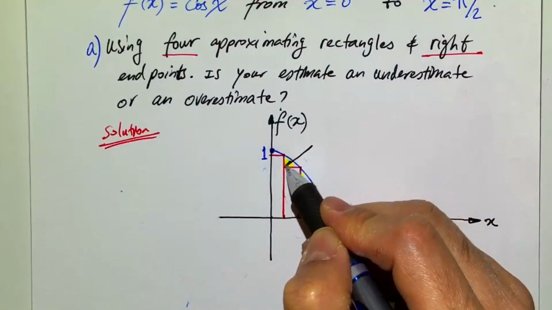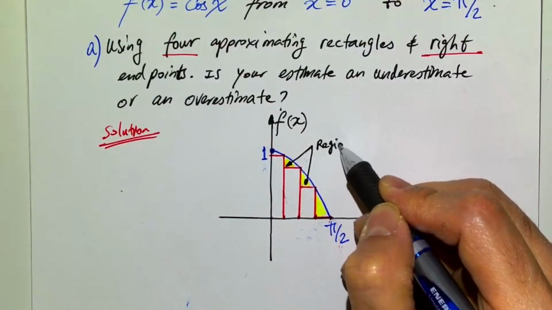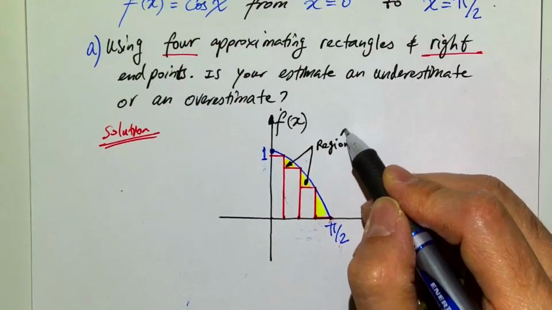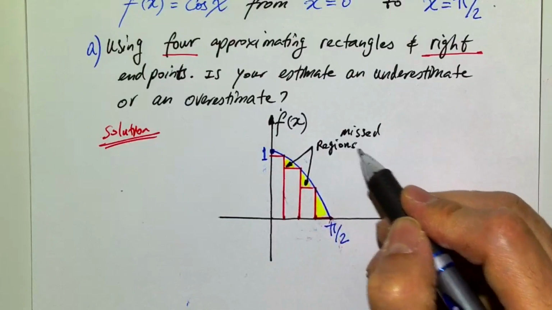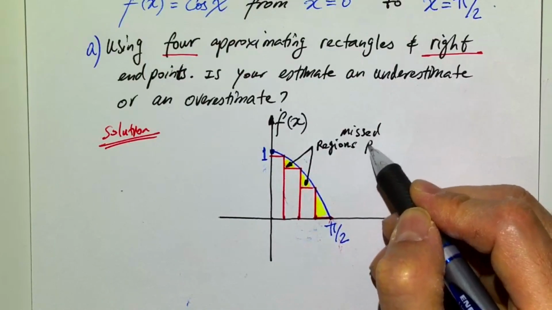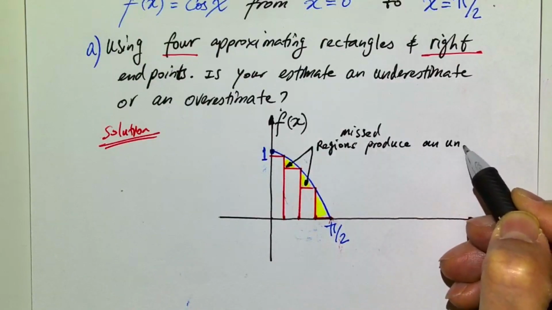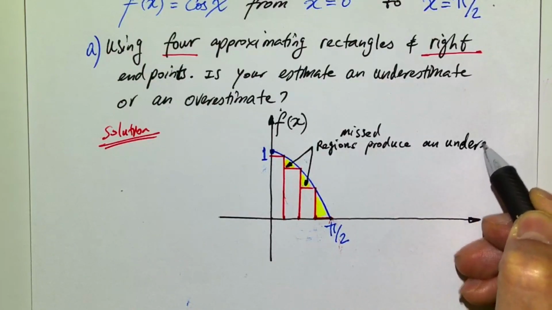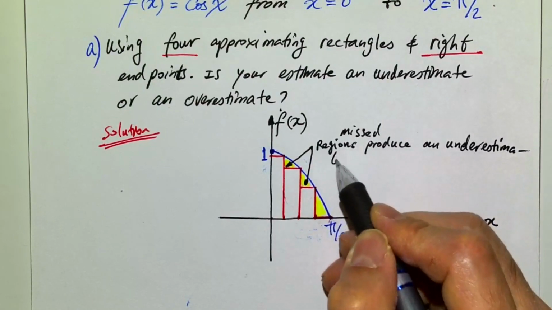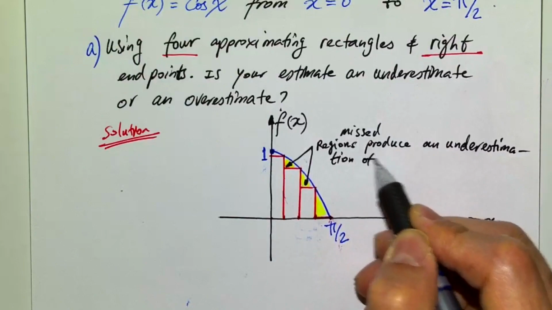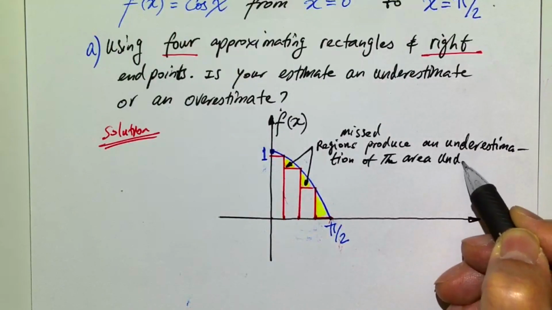These regions, let me say missed regions, right? We're missing those. Missed regions produce an underestimation of the area under the curve.